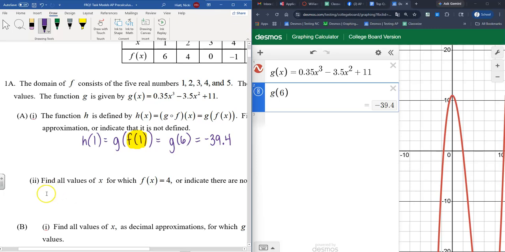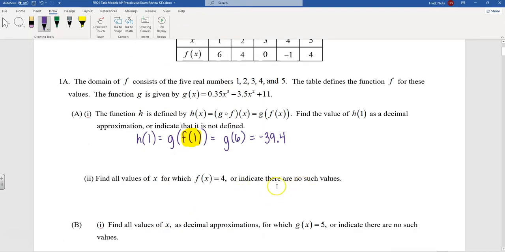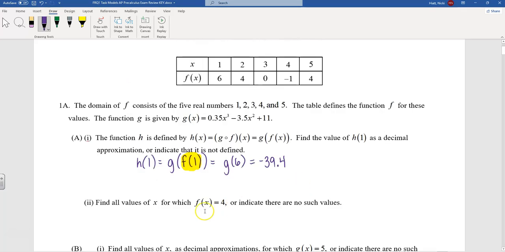Okay. If we move on, it says find all values of x for which f of x equals 4, or indicate that there are no such values. So if f of x equals 4, you're looking at the f of x line of this table, and you're looking for where f of x equals 4. That's going to actually happen twice here.